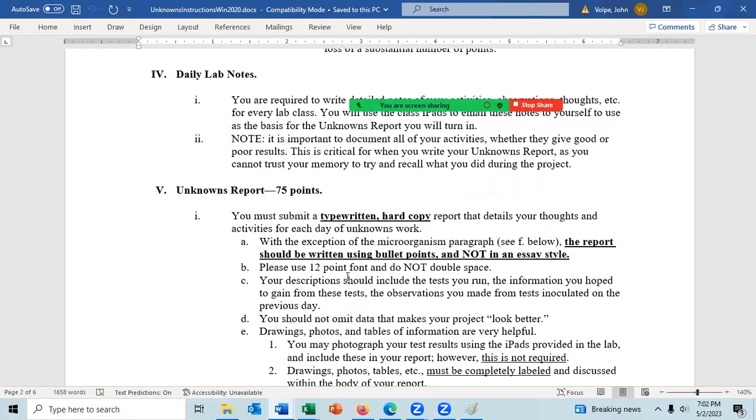You should give each day the description of what tests you asked for, what the results were, and usually you'll give the results on the day you get the results. So on day one, you will request the test. Let's say this test took a day to read.